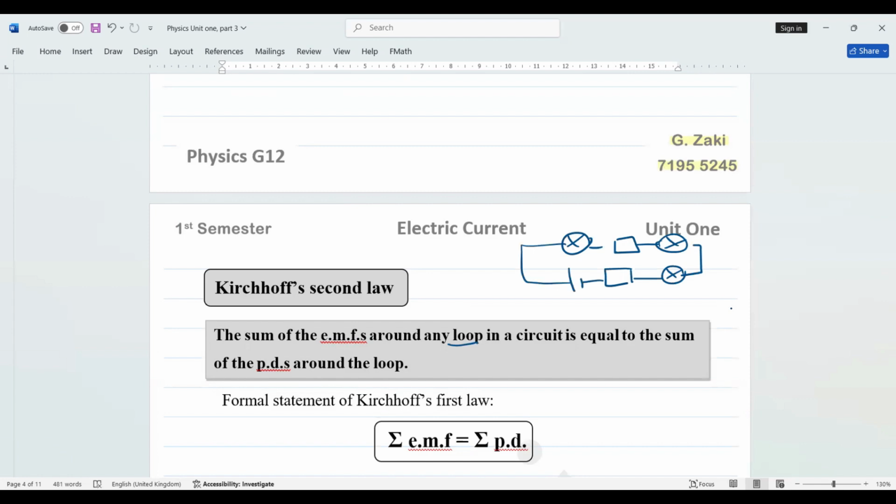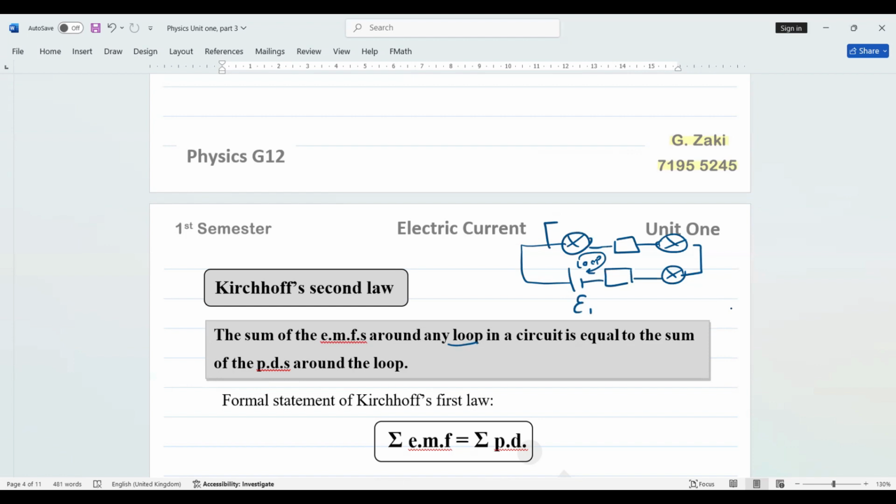Then this is called the closed loop. This is one loop. He said the sum of EMF is the potential difference of the sources. For example, here we have EMF, one source, equal the sum of potential differences around this one.